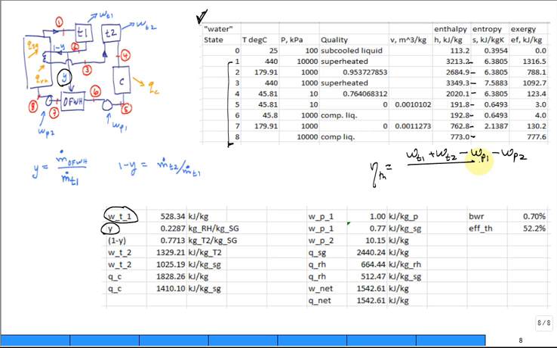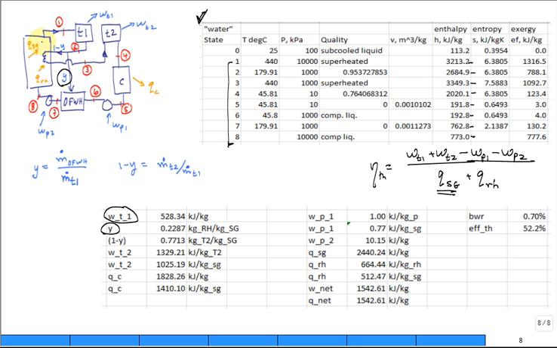Would that be what we really want, net power out, net work out? And then we divide by the Q in, that would be Q of the steam generator plus Q of the reheat. True? Okay.